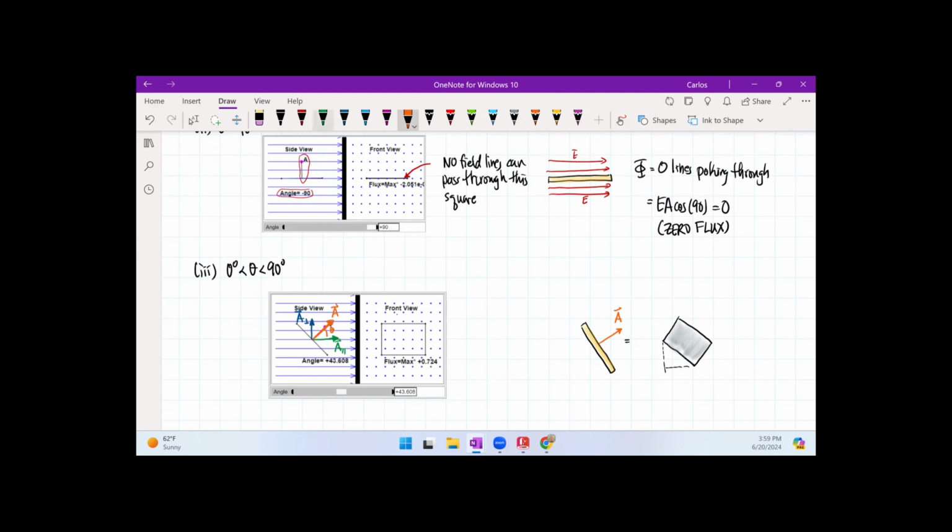Because the electric field is coming in this direction, I have a smaller component here, and that's a parallel. And here I have a smaller perpendicular component, which I'm going to call a perpendicular.